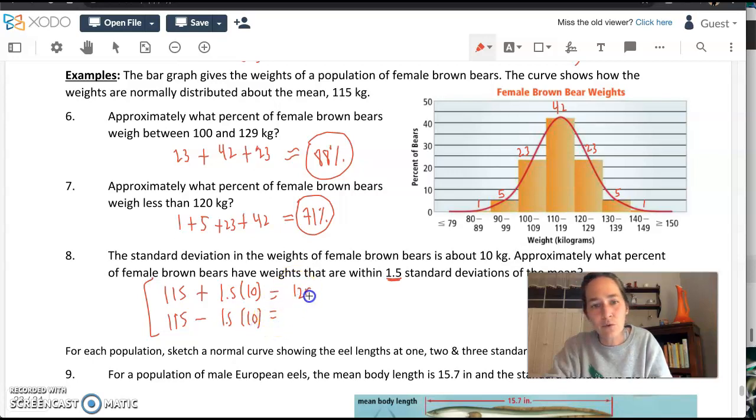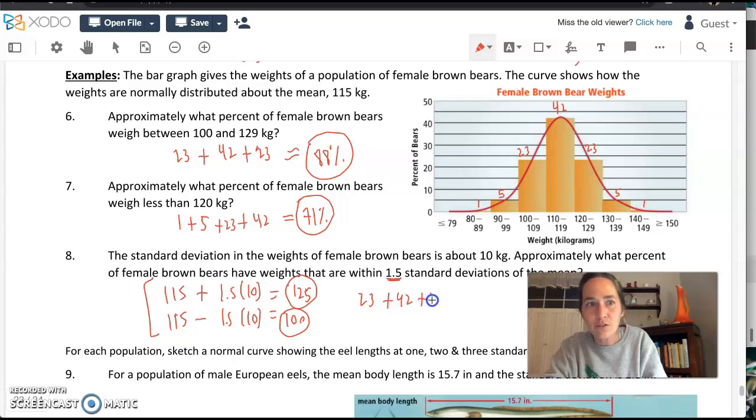Your range is 125 for a high cutoff and 100 for a low cutoff. And it looks like that goes from 100, I'm going to say almost up to 129. So roughly 23 plus 42 plus 23 gives me 88%. Okay? Tune back in and we'll flesh this out, explain it a little bit better, and I'll see you next time.